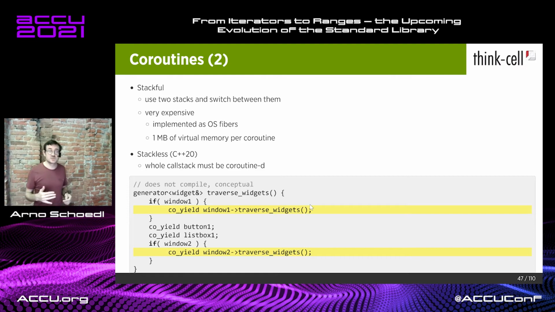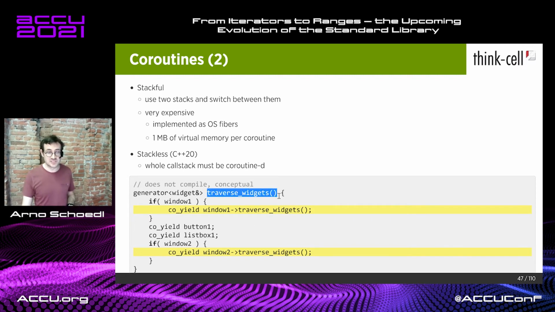There is an alternative, which is the stackless coroutine, and they are now coming in C++20. They're great. The problem with them is that the whole call stack basically has to be a coroutine. So when you are producing these widgets, then every time you do a subroutine call in particular, if you do a function call, that function has to be a coroutine as well. It doesn't seem to be so bad here, right?